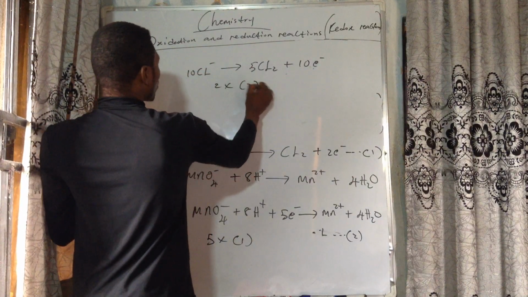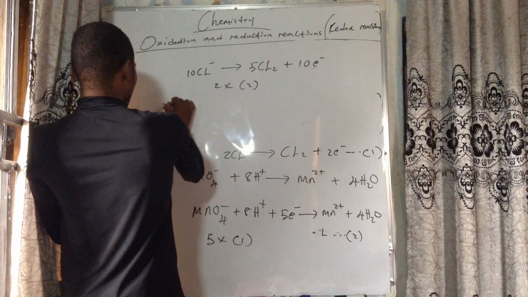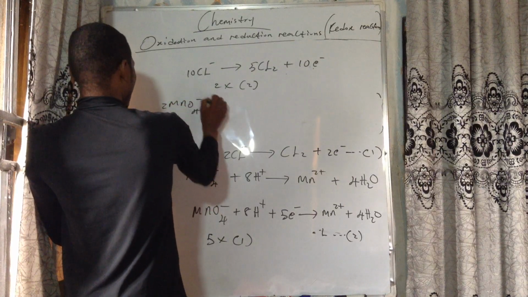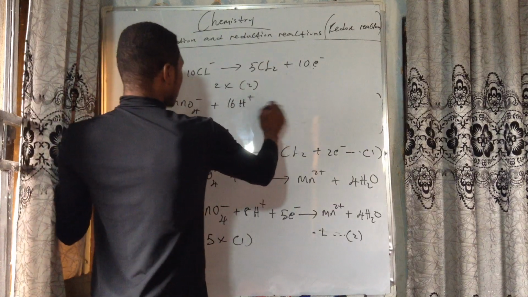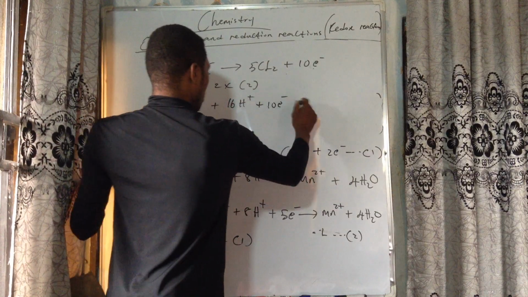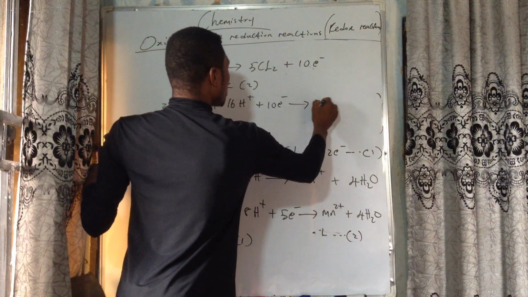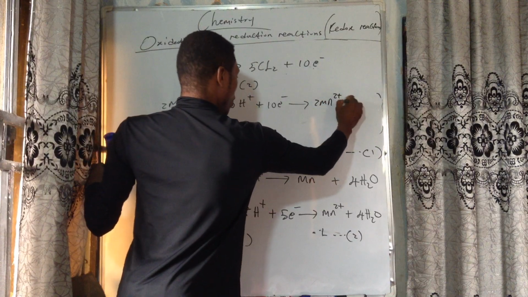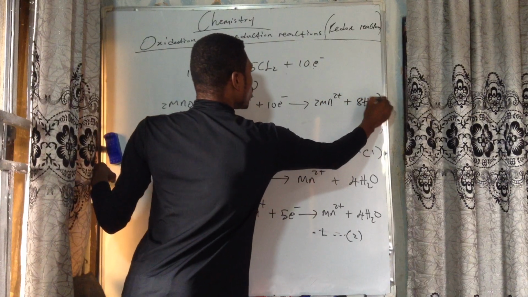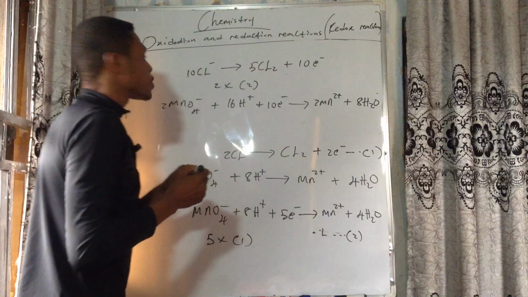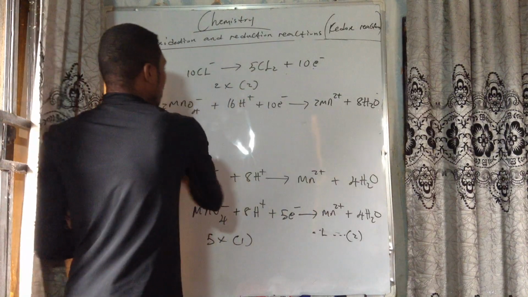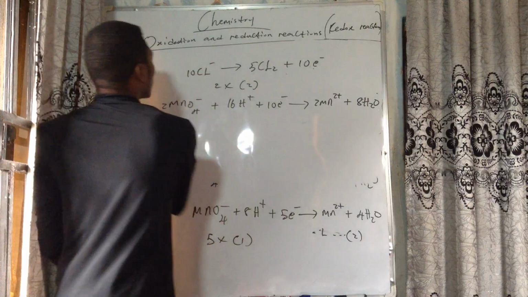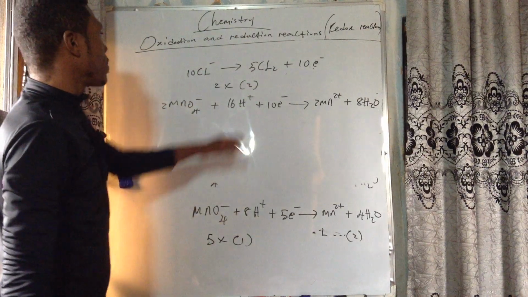Then 2 times equation 2 will give us 2MnO4 minus plus 16H plus plus 10 electrons, giving us 2Mn2 plus plus 8H2O. So 2 times equation 2 gives us this. After doing this, you will now write the net equation. Remember, they are 10 now.